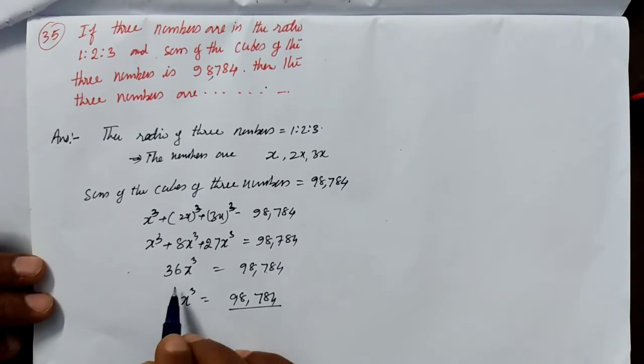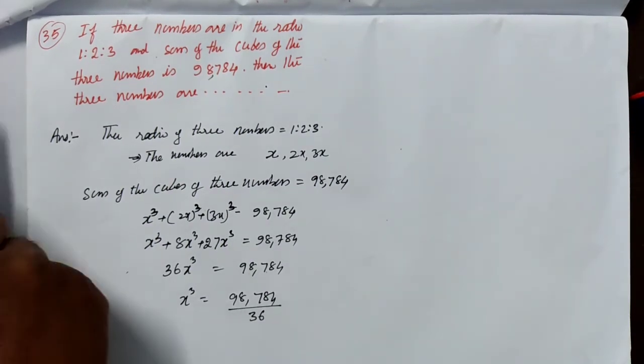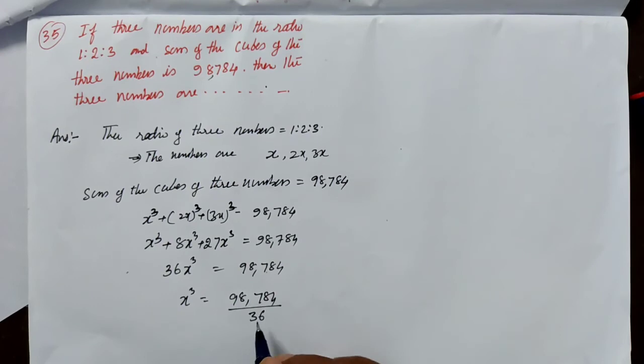98,784 divided by 36. So transpose this 36 to the right side and divide by 36.